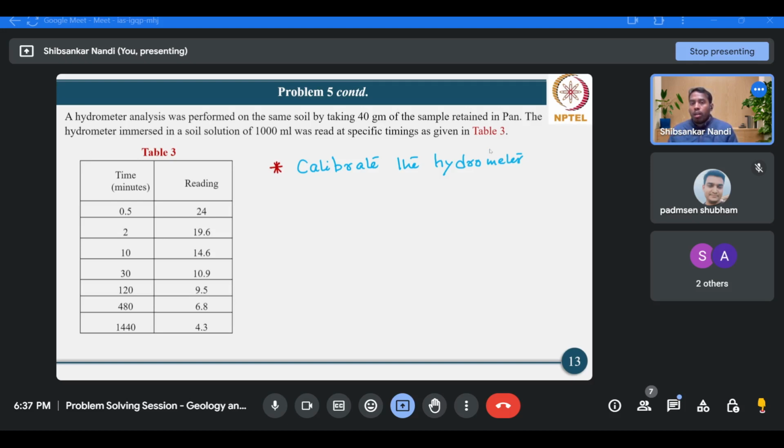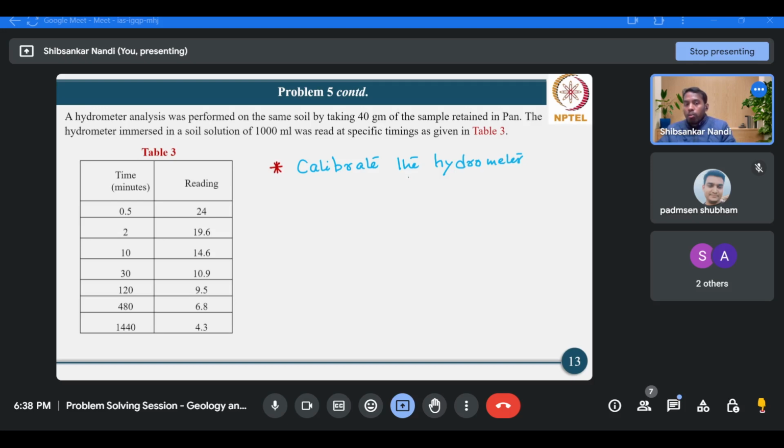Since this session is dedicated specifically to the problem solving part, I will be mainly emphasizing that. These details you can get from the lecture videos or the lecture materials uploaded on the course website, so please go through those materials. To get the particle size versus percentage finer data, you have to first calibrate the hydrometer.